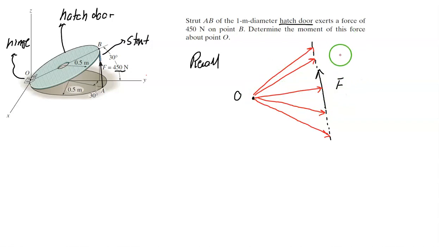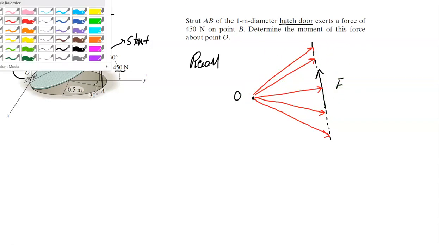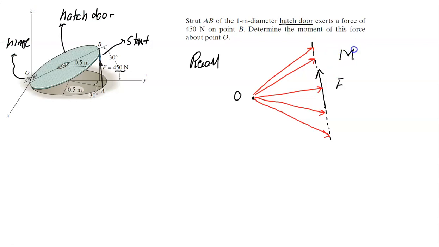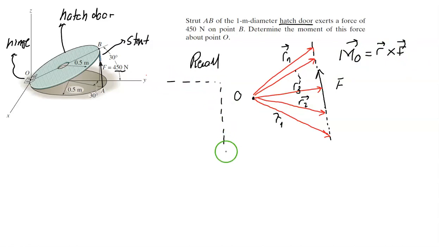And you should also recall that the moment vector M_O is the cross product of any of these R, so R1, R2, R3, and then Rn. So any of these position vectors can be used, times F. So remembering this, you can go ahead with the solution.